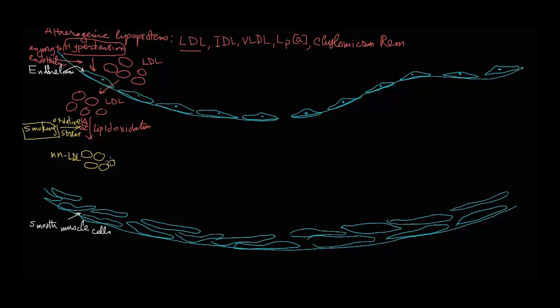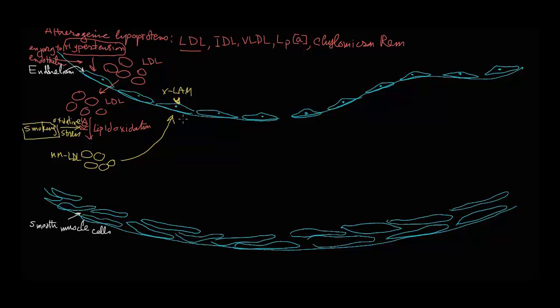So once the LDL becomes minimally modified by the oxidative stresses, it's going to stimulate the endothelium of blood vessels. So minimally modified LDL exhibits a potent biologic activity capable of inducing the endothelial cells to express adhesion molecules. So the endothelial cells start to express adhesion molecules for monocytes, for example, ELAM.